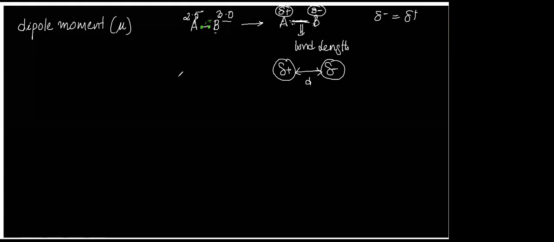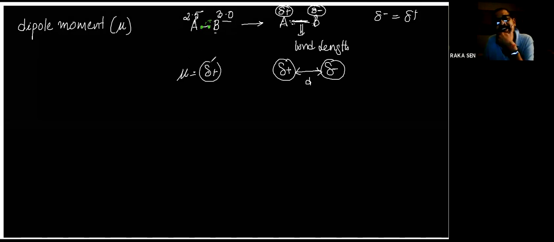So we define dipole moment as the charge separation, that is delta plus or delta minus, either one, into the distance of separation, that is d. So this is how you define the dipole moment.